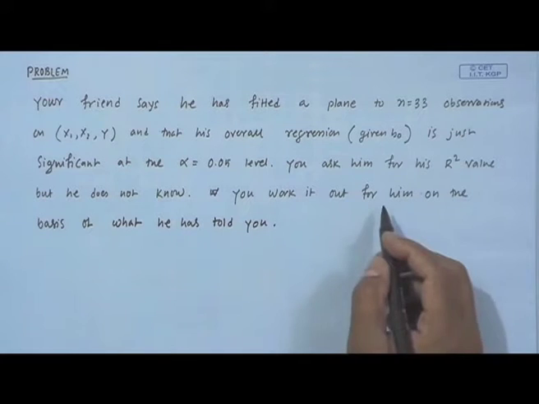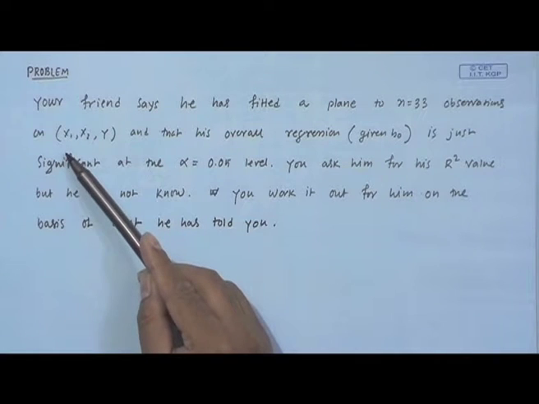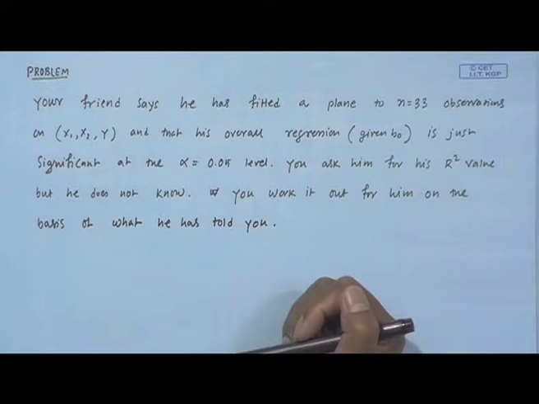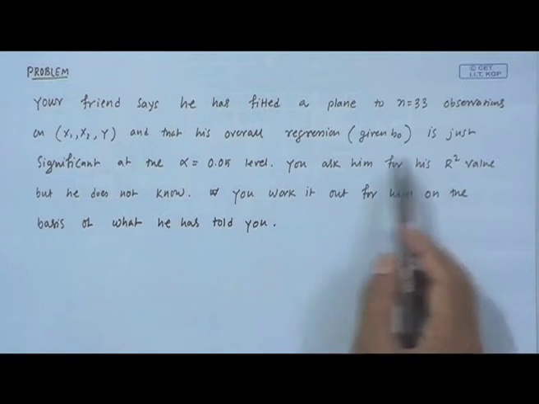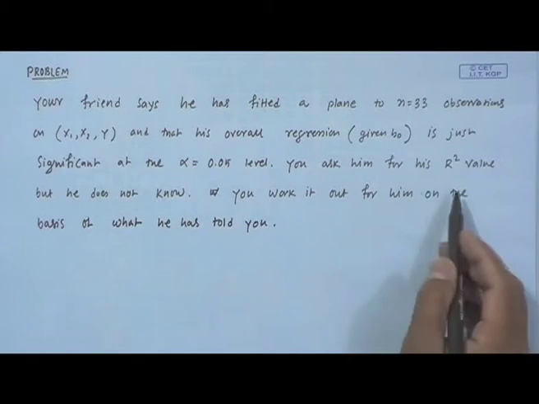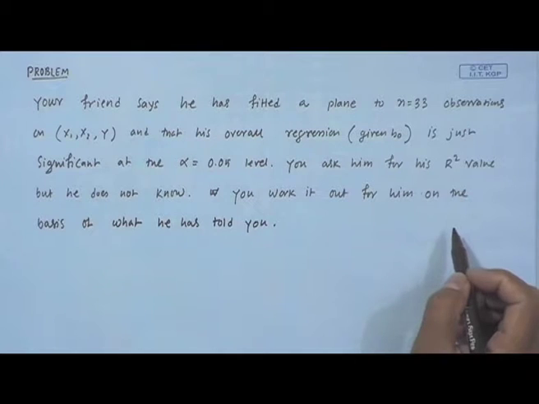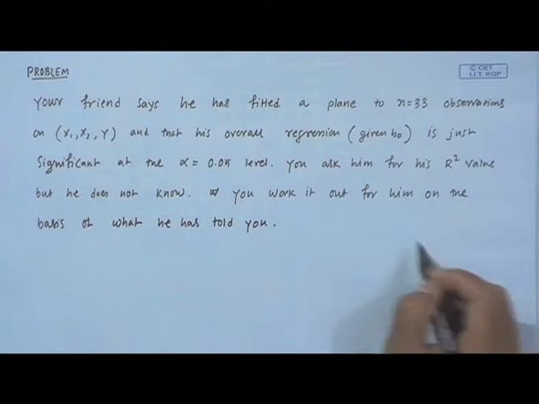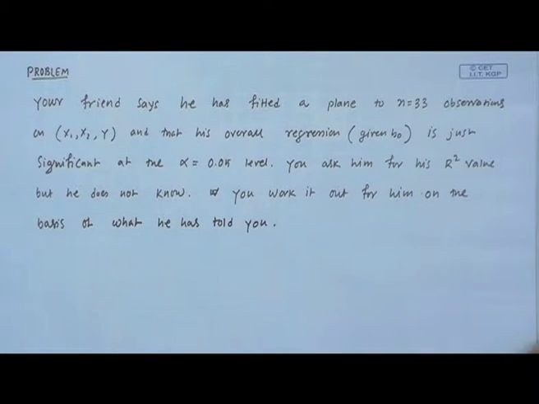So, what is given to you is that he has fitted a multiple linear regression model with two regressors x 1 and x 2, and his fit is significant at 0.05 level, but he does not know the R square value, where R square is the coefficient of determination, and it measures the proportion of variability that is explained by the model.